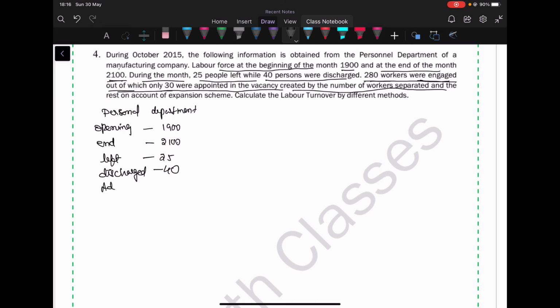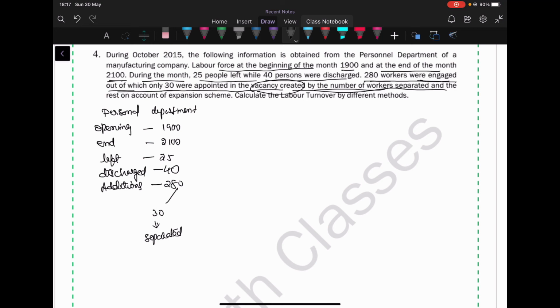See, additions done, that is 280, out of which only 30 are in place of the vacancy created by the number of workers left or separated. In the sense, 30 workers are substituted in the place of separated employees.